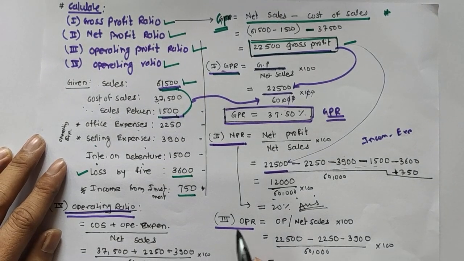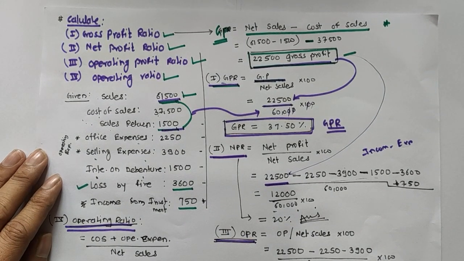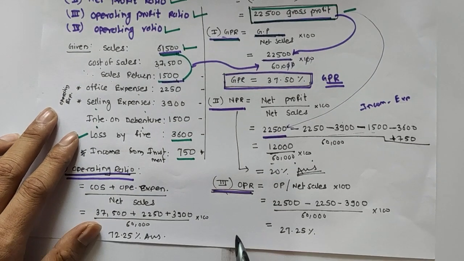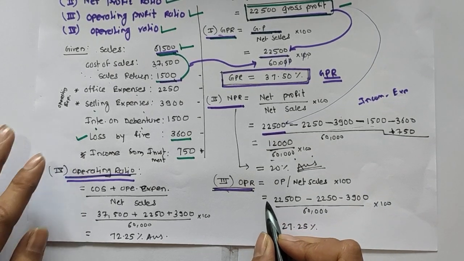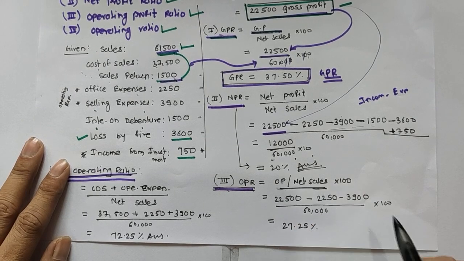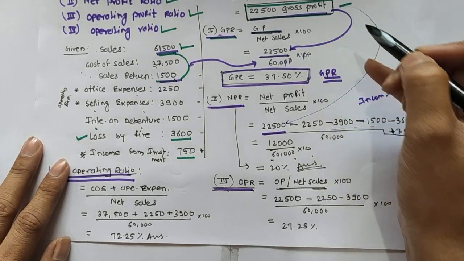See what we have to calculate, the operating profit ratio. In the previous example we have studied and I have told you how to calculate the operating profit ratio. See friends, operating profit ratio is nothing but your operating profit upon the net sale. So what is operating profit we have calculated here?